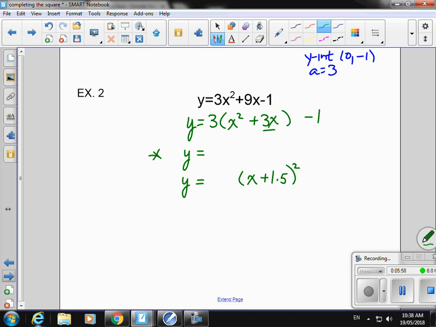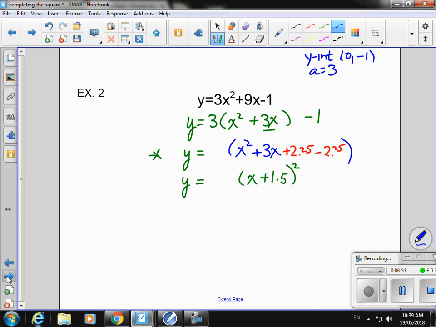So I go back up a line and I say, all right, if I were to FOIL x plus 1.5 squared, I would have firsts, x squared. Outside inside is 1.5x plus 1.5x, which is 3x. Wahoo. But I also have plus 2.25. So I've got to have that number to have my perfect square. So if I've introduced 2.25, I also have to subtract it.